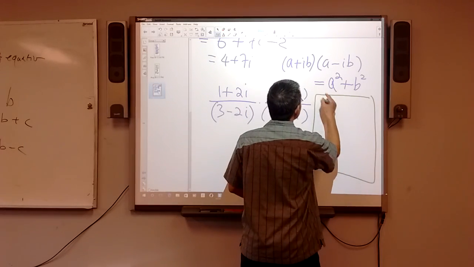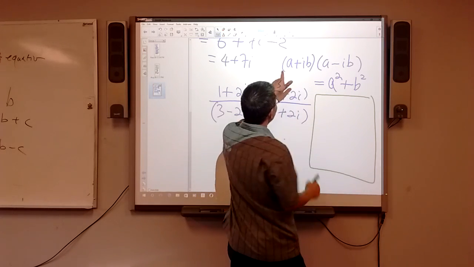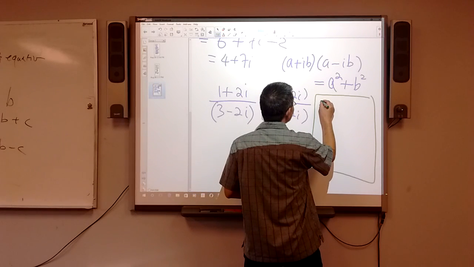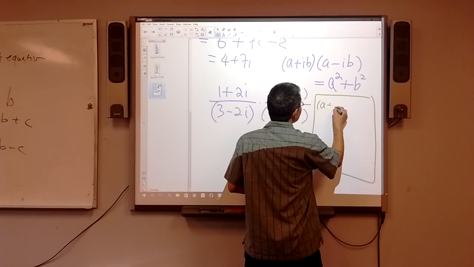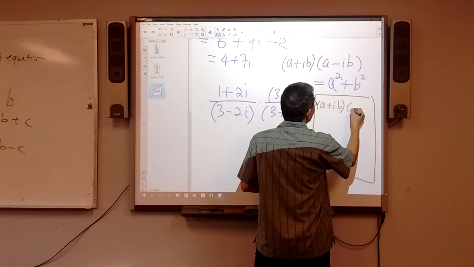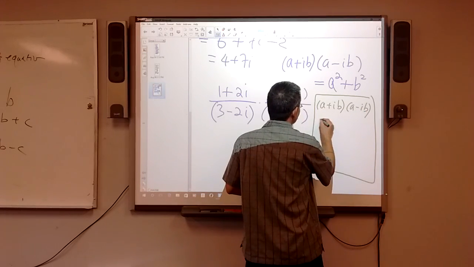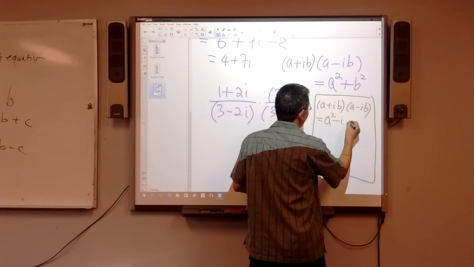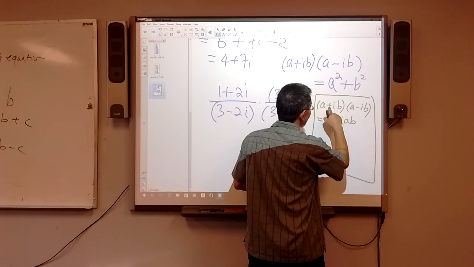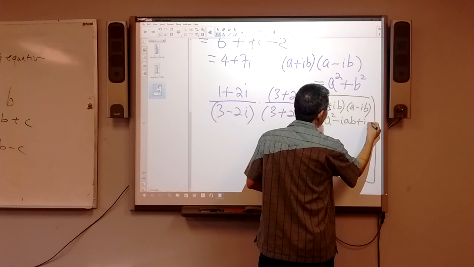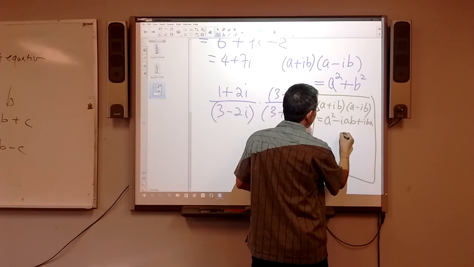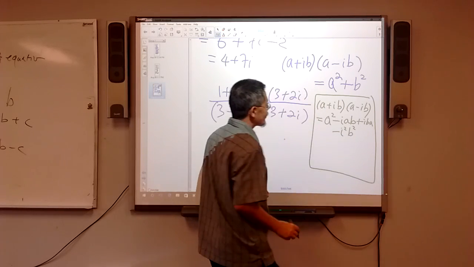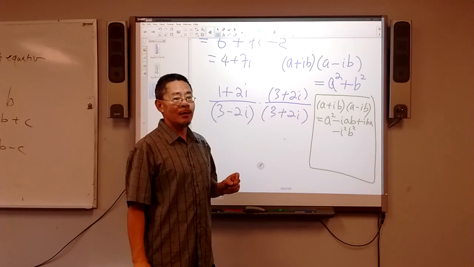This is the famous one to get to a real number. You have to use this, otherwise you won't get a real number. So a plus ib times a minus ib: a times a is a squared, a times negative ib is negative iab, ib times a is iab, then minus i squared b squared. You good so far?